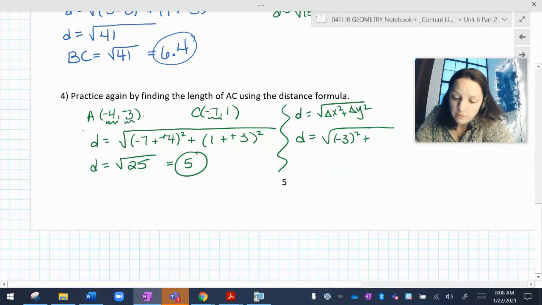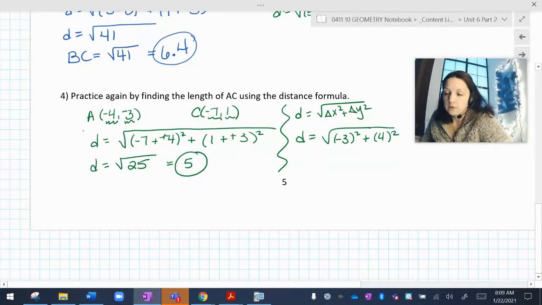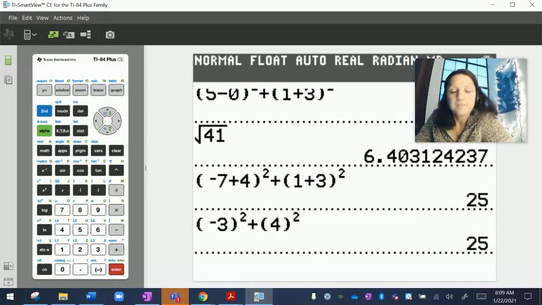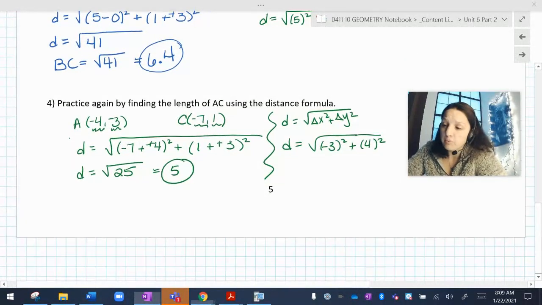And then y went from negative 3 to positive 1, so y went up by 4. So then I just have to do negative 3 squared plus 4 squared. Ta-da! And I get 25 again. That's the distance formula, folks.